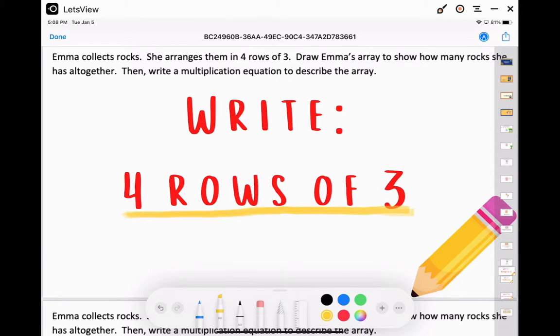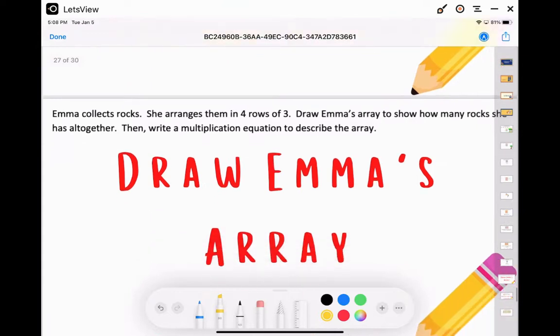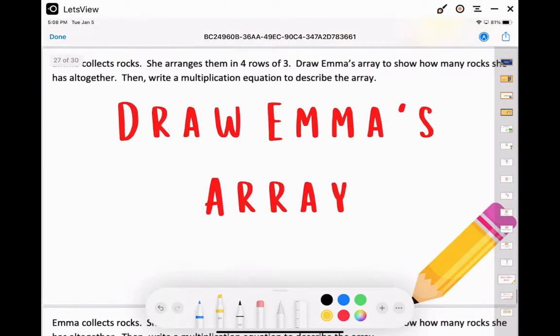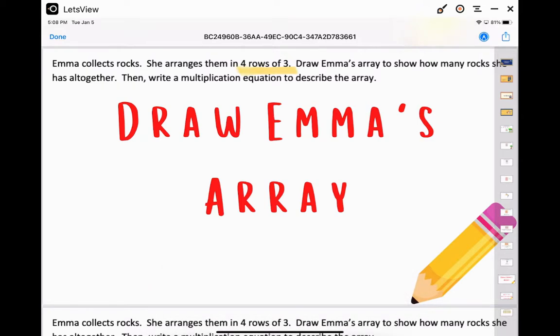All right, after you've written 4 rows of 3, we are now going to draw Emma's array. Remember, Emma's array should model 4 rows of 3.